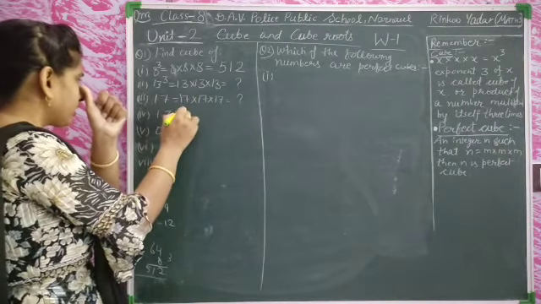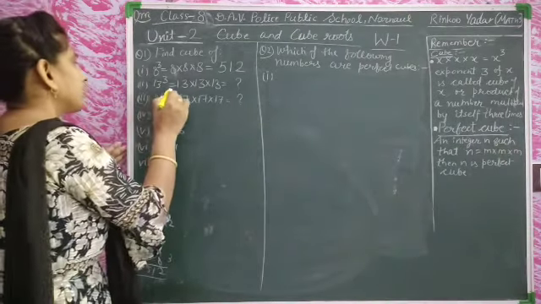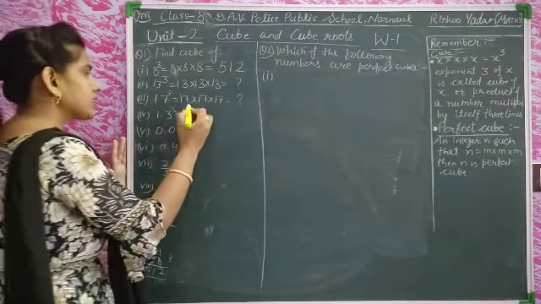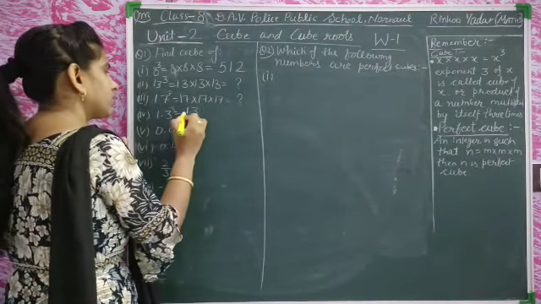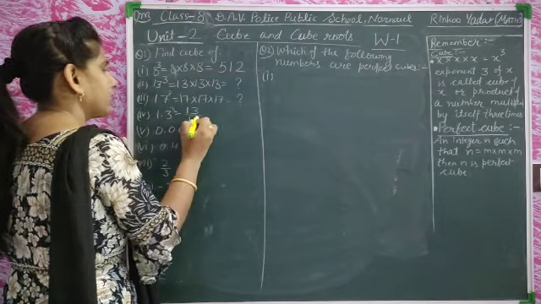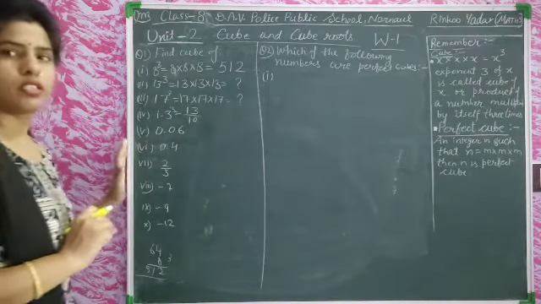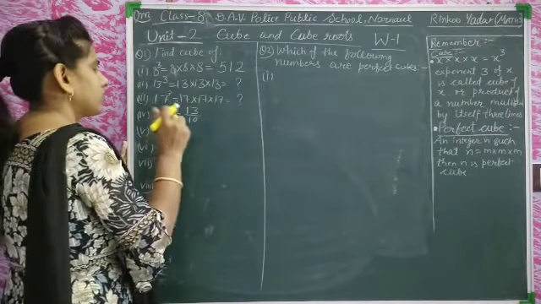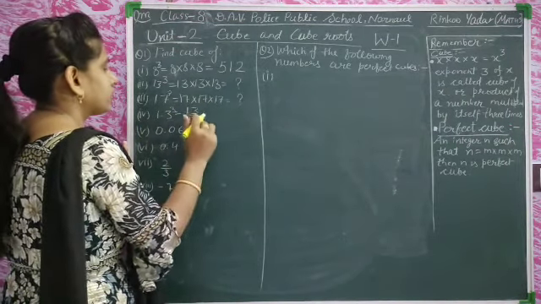Now we will do the cube of 1.3. You are seeing there 13 divided by 10, after erasing the decimal.